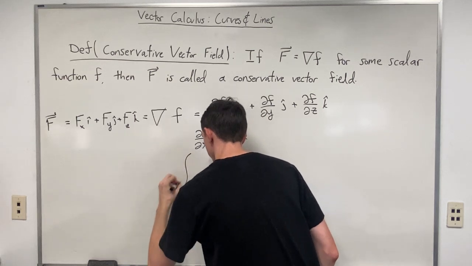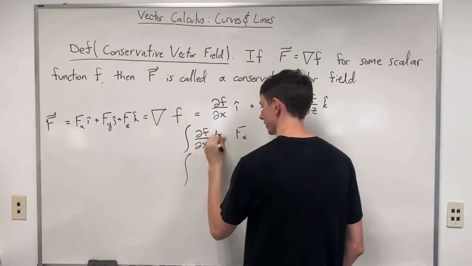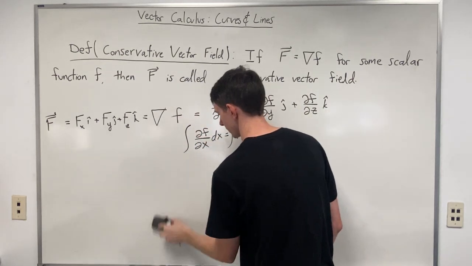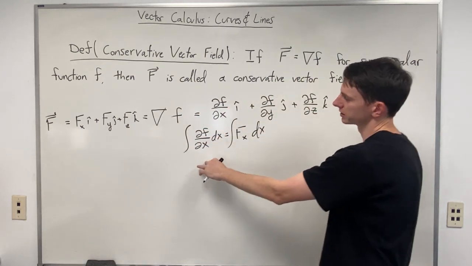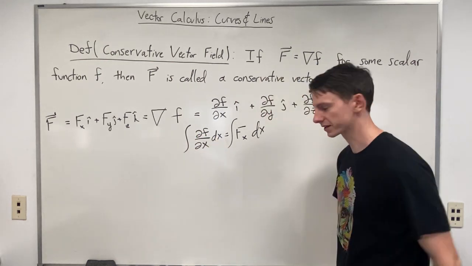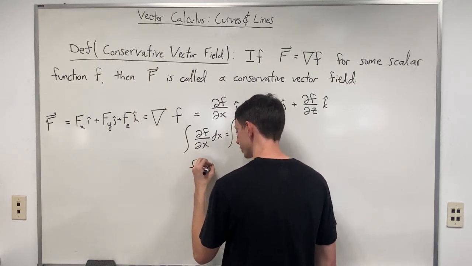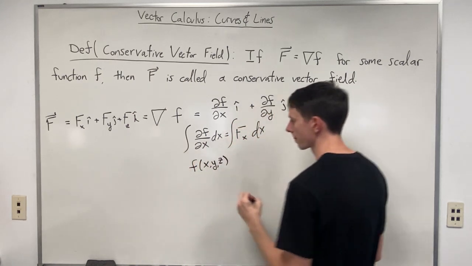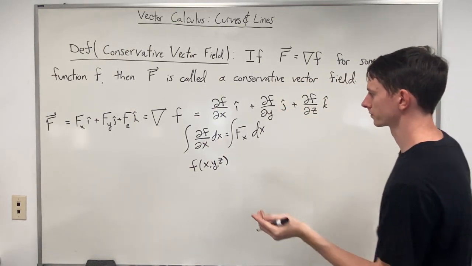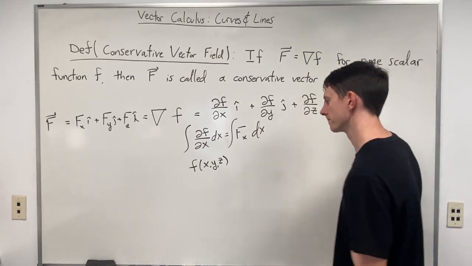If we were to integrate both sides with respect to x, from the fundamental theorem of calculus, if you're differentiating something with respect to x and then integrating it with respect to x, those more or less cancel each other out, and you get your function f of x, y, z. And then here, you're going to have some indefinite integral, and you're integrating over F of x, right?